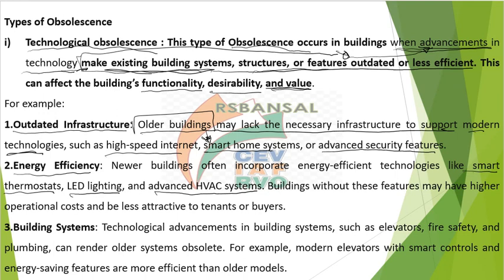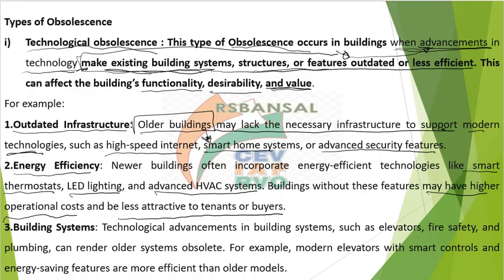We call that the building has become obsolete. Why? Because the existing building will have higher operational cost that will lead to it being less attractive to the tenants or the buyers.